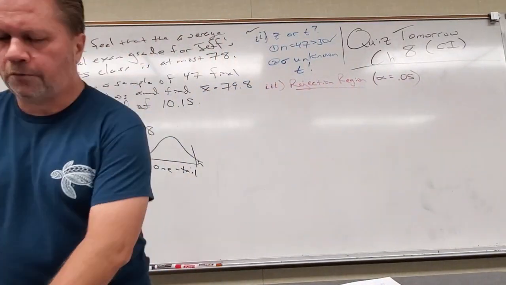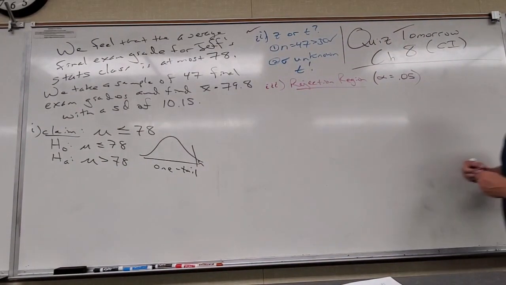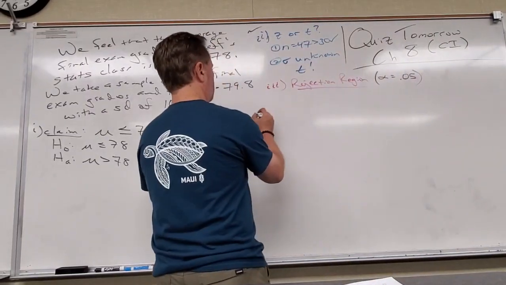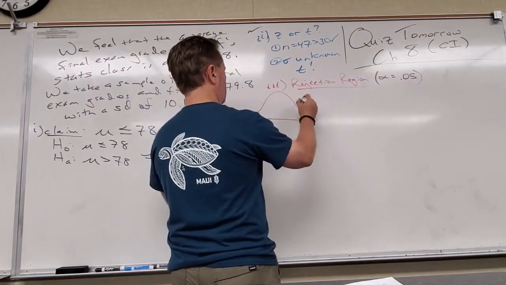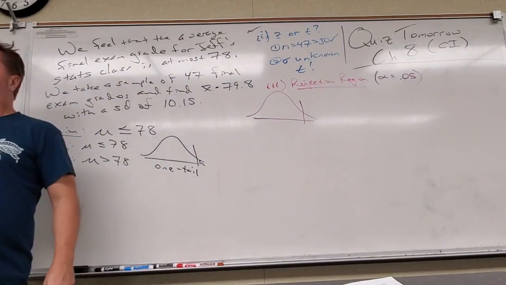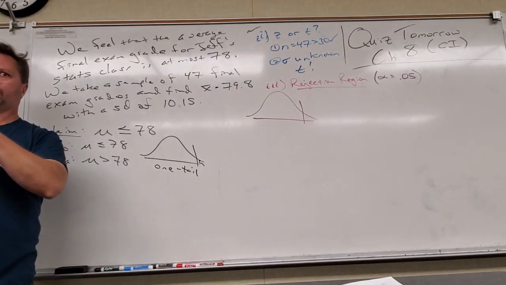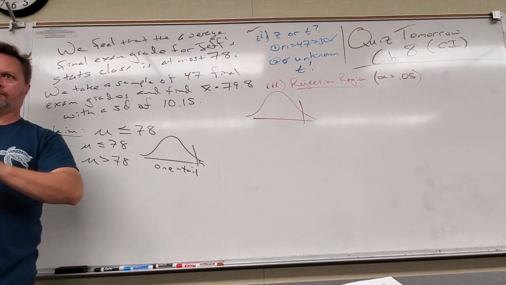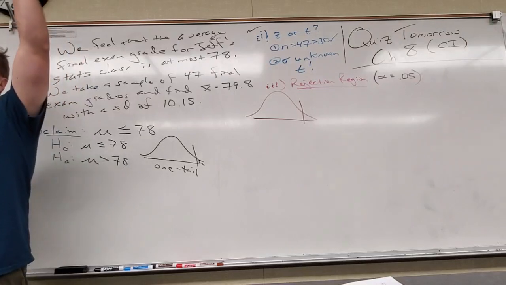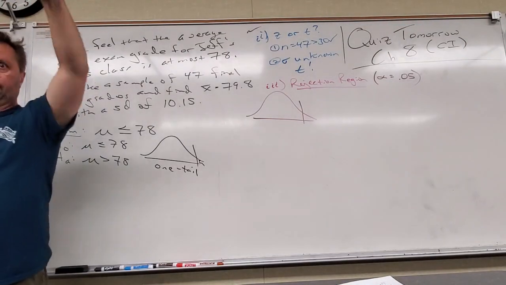So can you figure out what the rejection region Z-score is going to be? So we know it's up here. So one-tail test, 0.05, T-score. What do you need to know to be able to look that T-score up? You have to know the degrees of freedom.